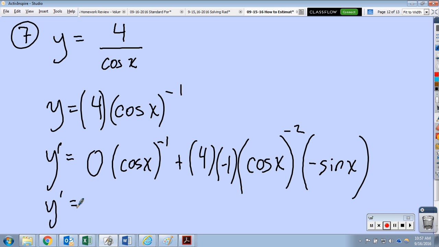Now this simplifies to, negative times a negative is a positive, so 4 sine of x all over cosine squared x, right? When it's a negative exponent, you just bring it down to the bottom and make it positive.